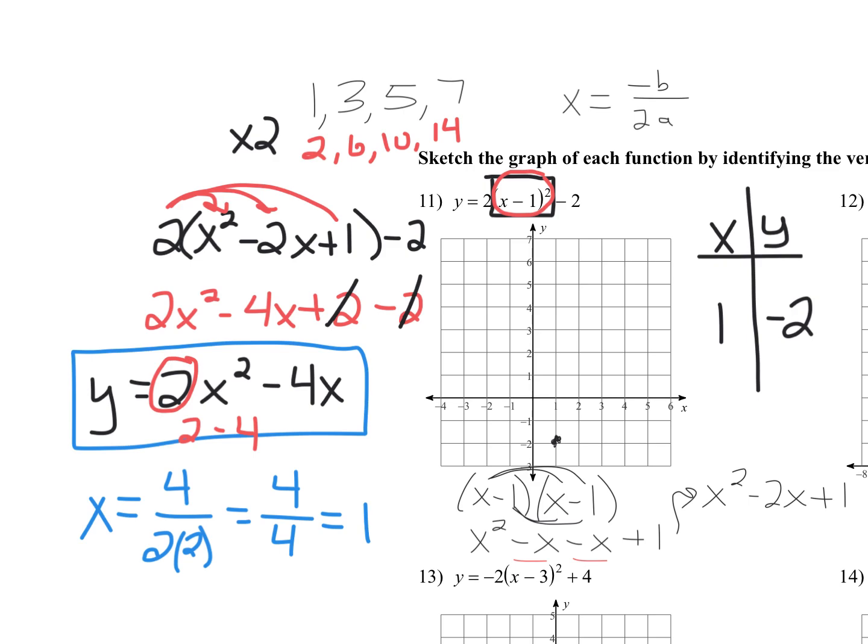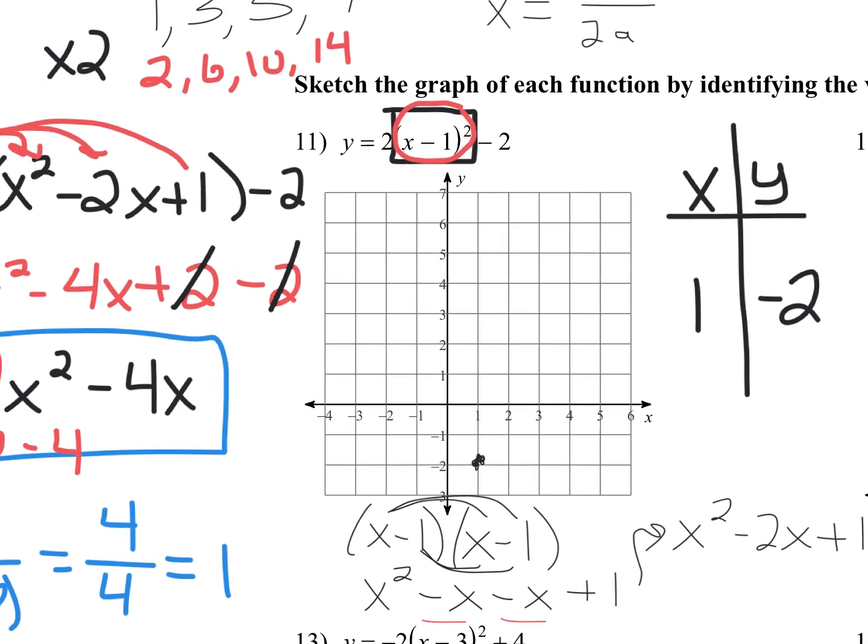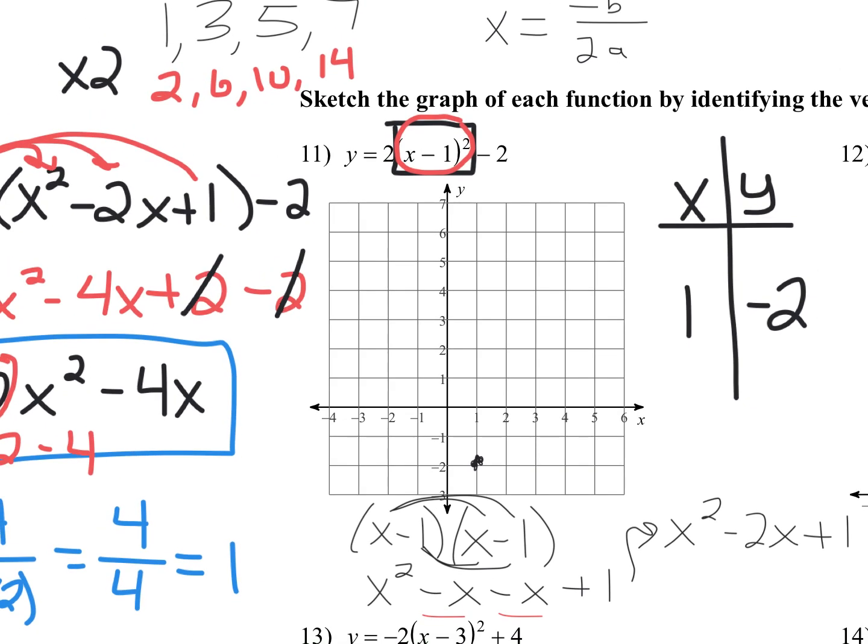So now let's apply that step pattern. Where do we start? Vertex. I'm going to go to the right 1, and then how many do I go up? Up 2. That's my first step. Let's go one more. What do I do next? Over 1. My next step was up 6. Okay. Now I can do the same thing going the opposite direction, or what else could I do?